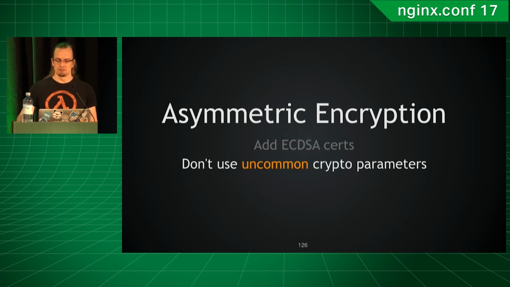Second, a great example is 4K RSA keys, which are 10 times slower than 2K RSA keys. Don't use them unless you really need them, unless you want to be 10 times slower on the server side. Again, the rule of thumb here is that the most optimized crypto is the most common one. The crypto that is mostly used will be most optimized.